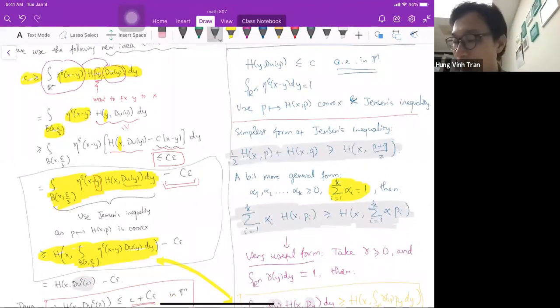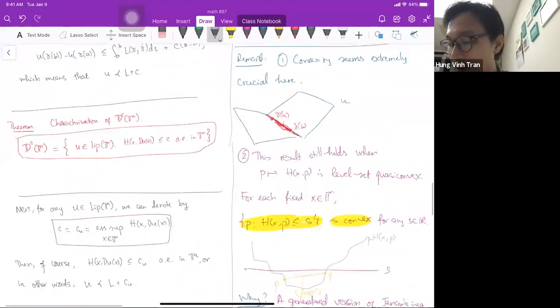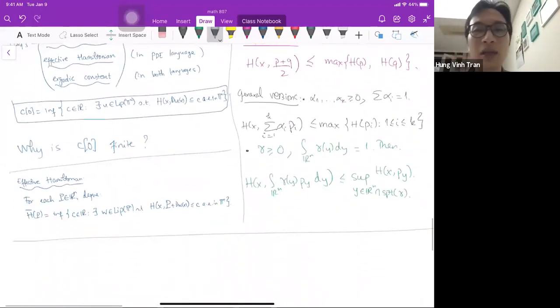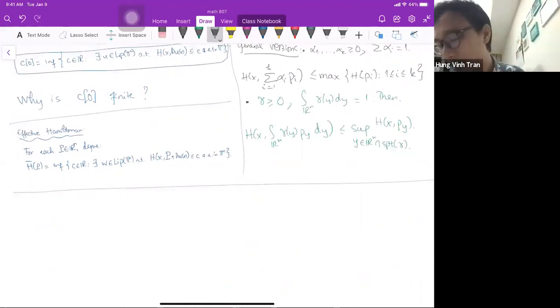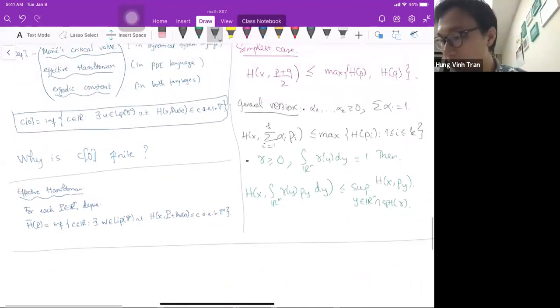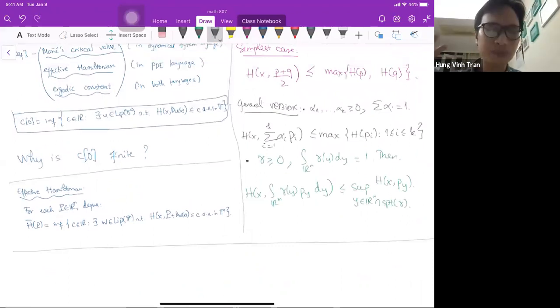Okay, so I still remember this because a long time ago, when I was giving a short course on this at the University of Tokyo, maybe 7 or 8 years ago, I was also talking about the quasi-convex case.